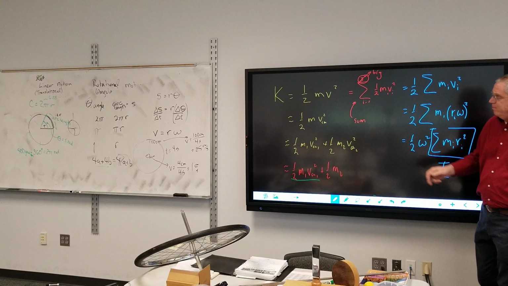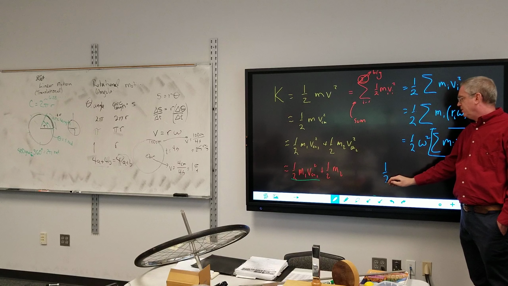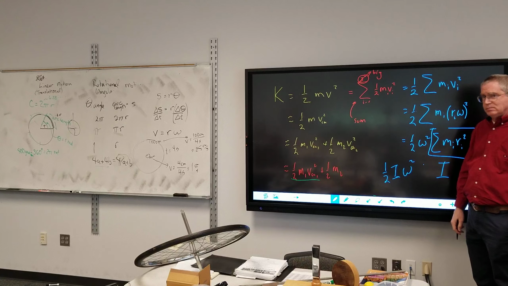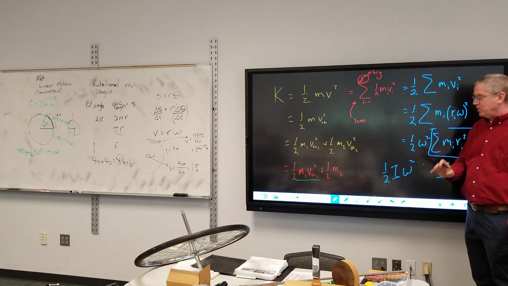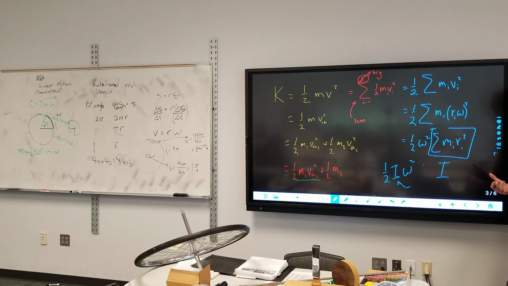And so my 1/2 m v squared morphs into 1/2 I omega squared. Now, this actually is easier, even though you're looking at that I and thinking, what is the moment of inertia for this wheel?